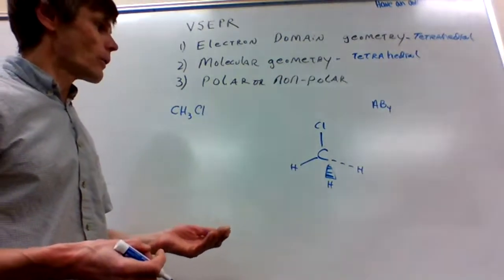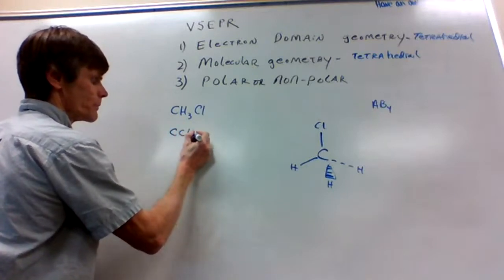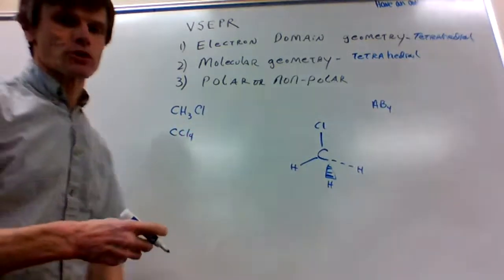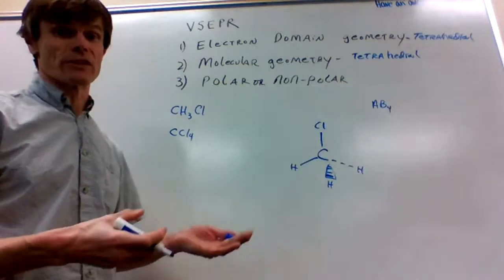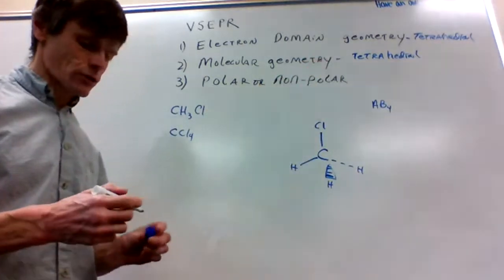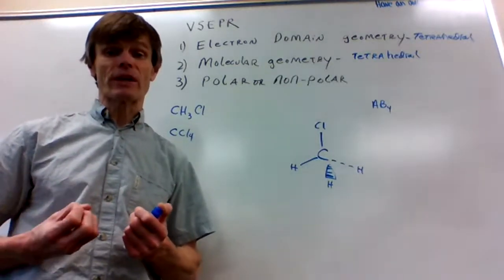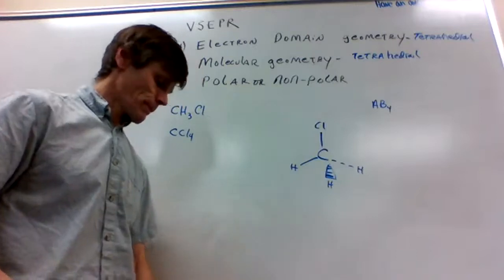As of right now, this molecule shares the geometry similarities with carbon tetrachloride that we discussed a few minutes ago. Same, tetrahedral, tetrahedral. But now we have some differences in terms of polarity or non-polarity.